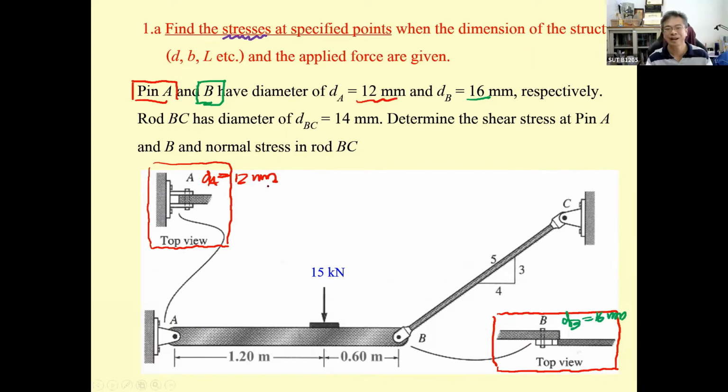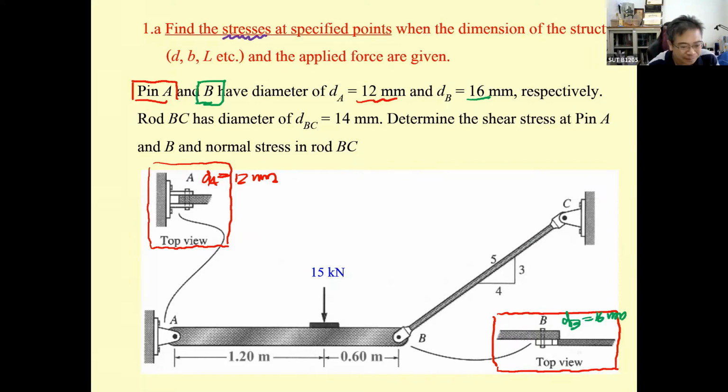Usually the double shear reduces the shear force applied to the pin, so most of the time the double shear connection has a smaller diameter compared to the single shear.